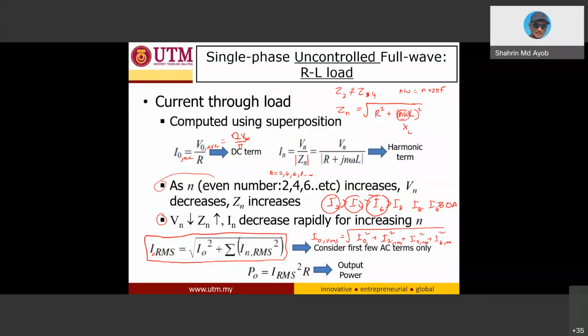So how do we get I2 RMS and so on? These values are peak values. To get In RMS, you need to take In over square root 2.